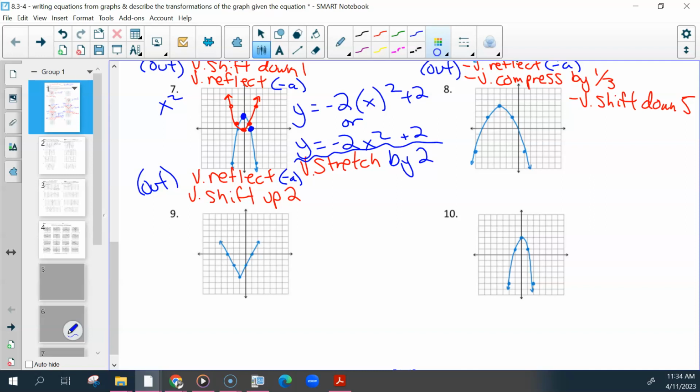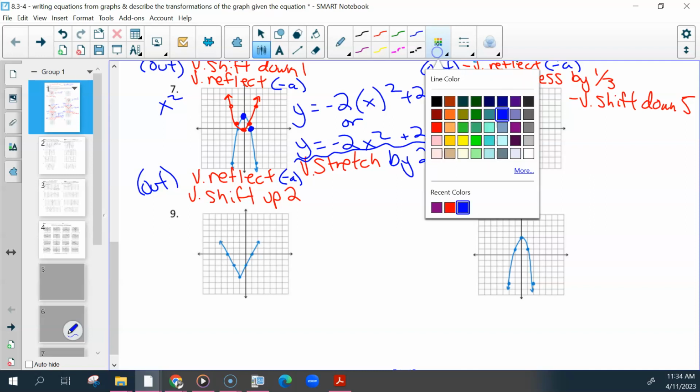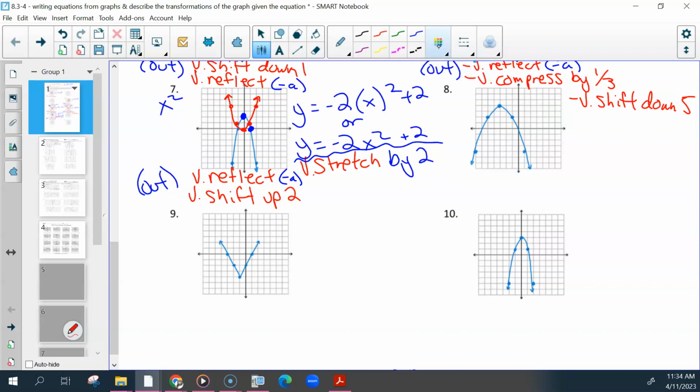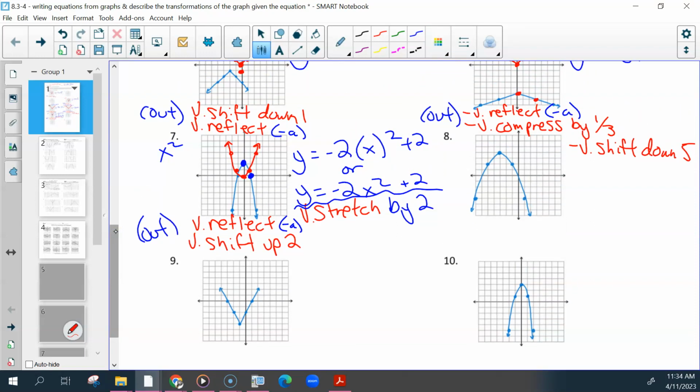Last one. 8. So I'm going to again draw in our parent function, start at the origin, right and up 1, left and up 1, right 2 and up 4, left 2 and up 4.